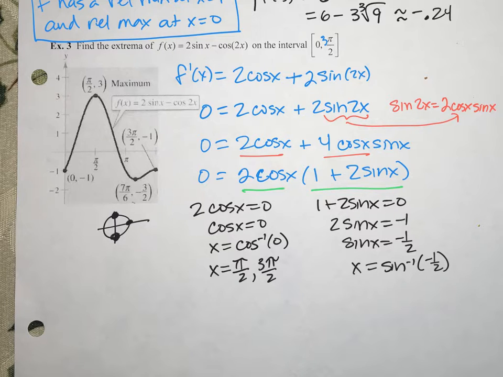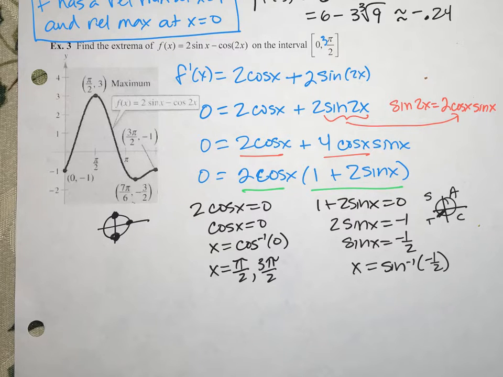In other words, where would we have angles whose sine is negative 1/2? If you remember, that can only happen in quadrants 3 and 4.